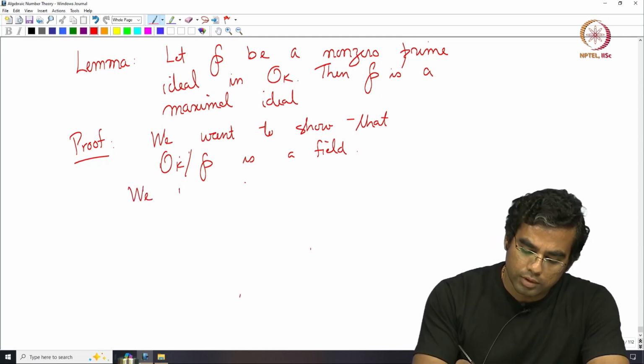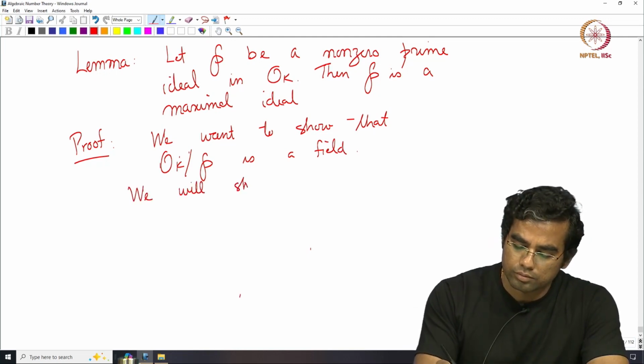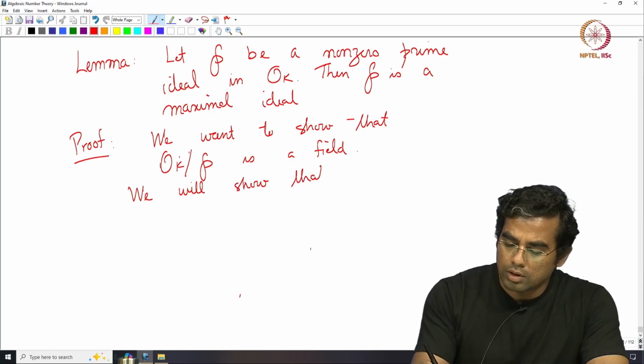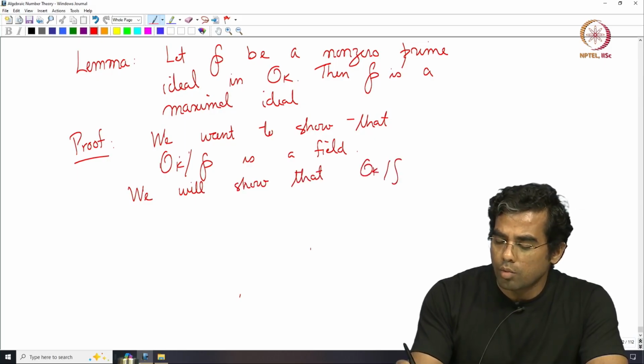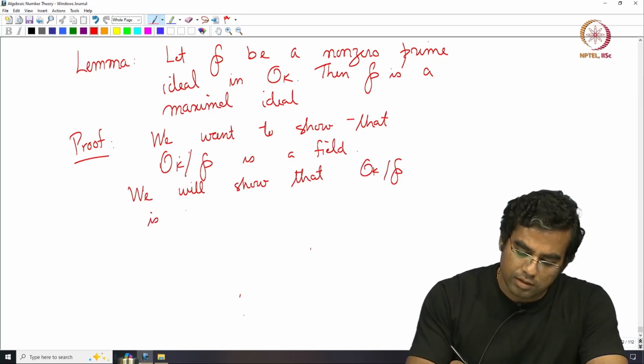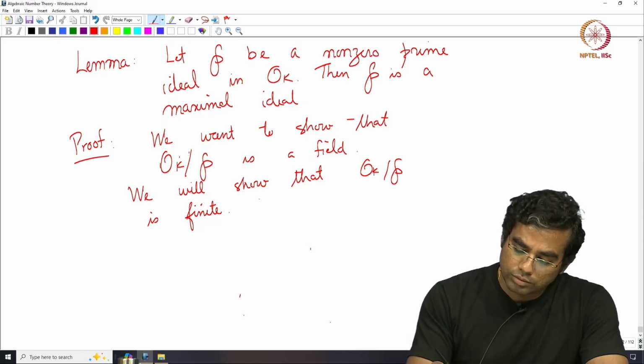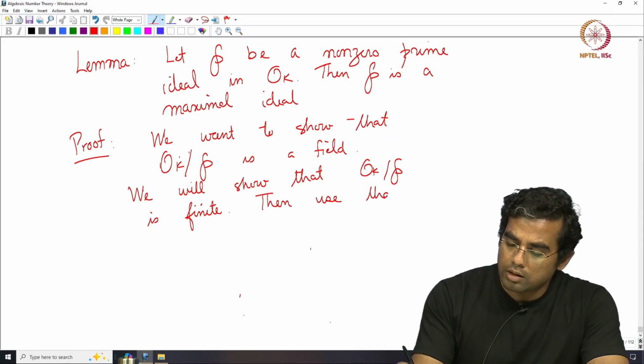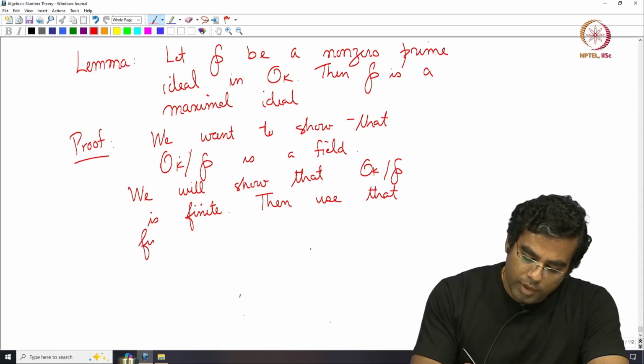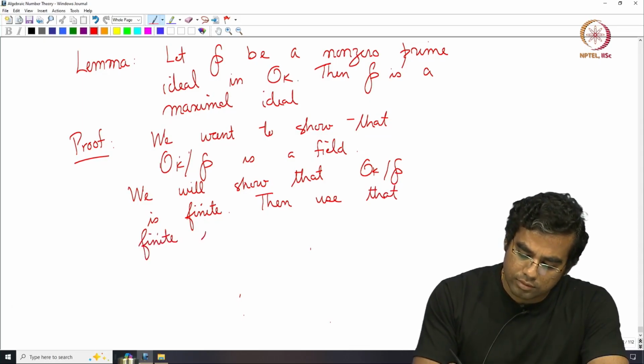We will prove that OK mod P is finite, it is a finite set. And we know, then use that finite integral domains are actually fields.